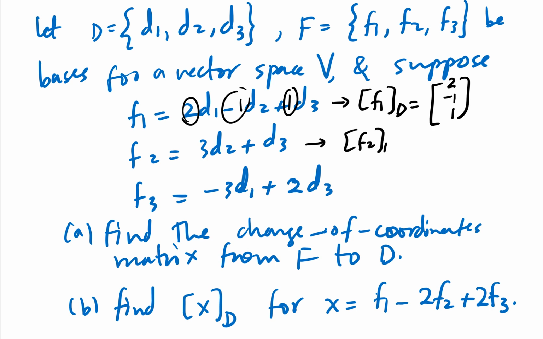F2 in the basis D, it's 0, 3, 1. This one, F3 in the basis D, it's -3, 0, 2.